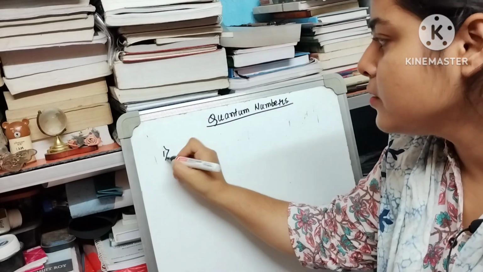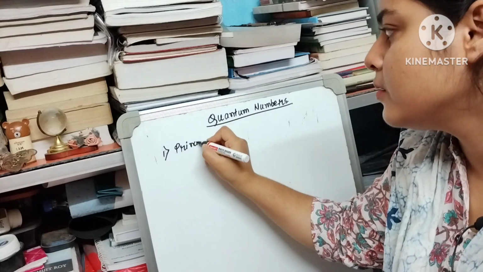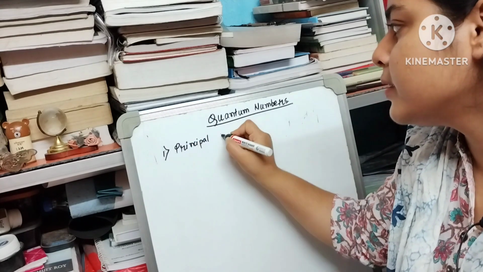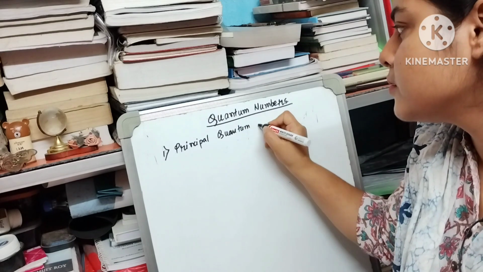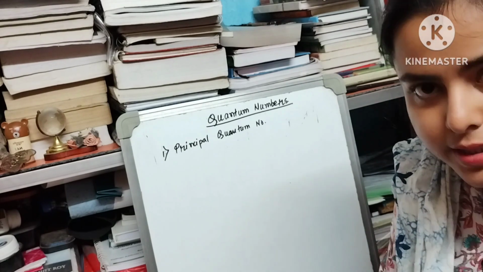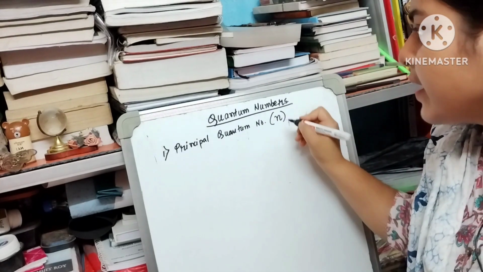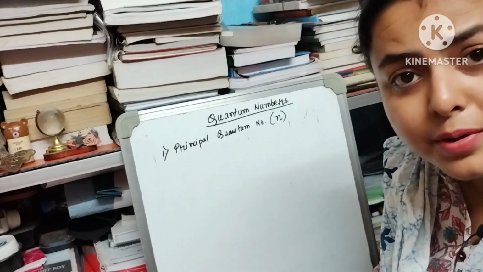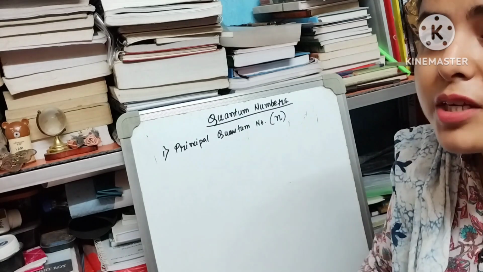The first one is the principal quantum number. According to our address, just like our locality, right? The principal quantum number is represented by n, and you are quite familiar with it by another name, the shell number.